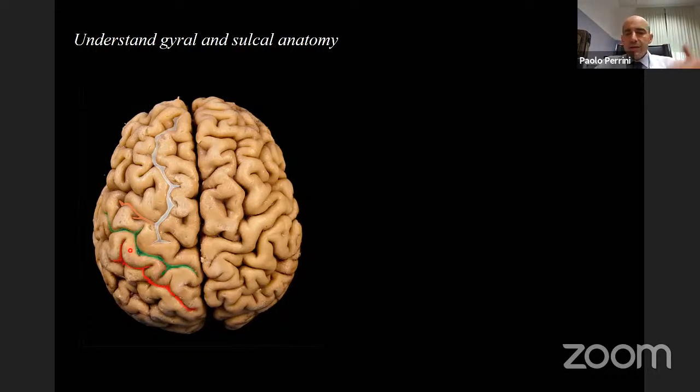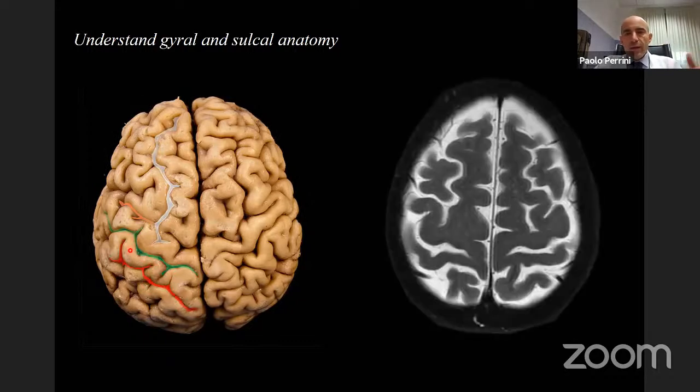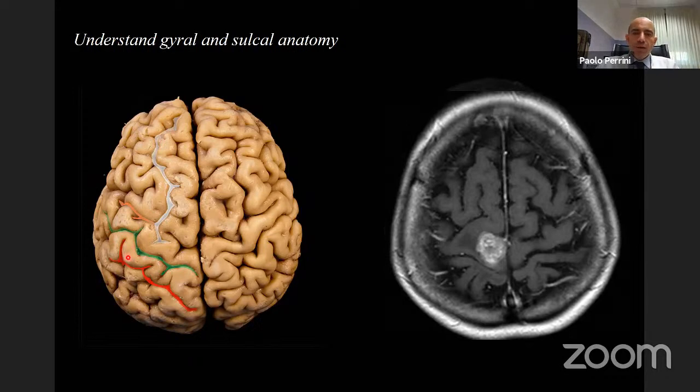So we can identify all these landmarks in the brain and in the MRI. That is important because, knowing these landmarks, we can identify the precise location of an intrinsic lesion in the brain.